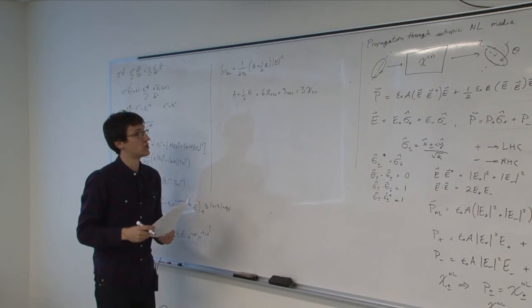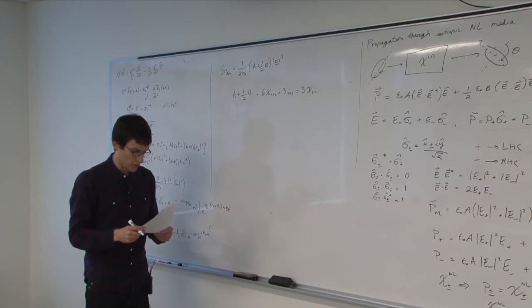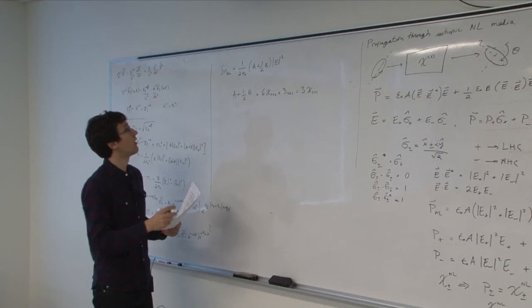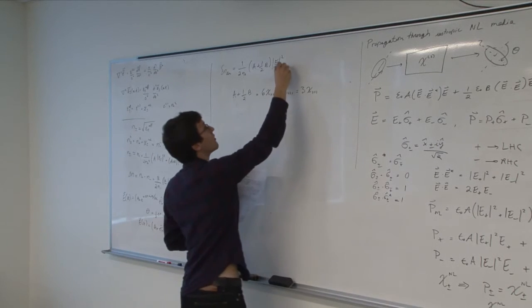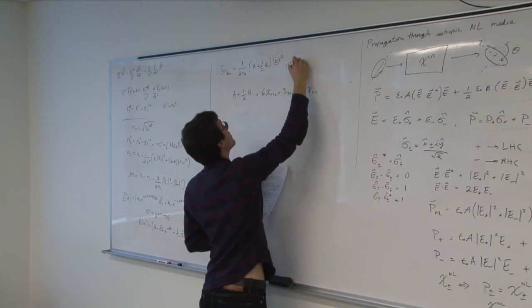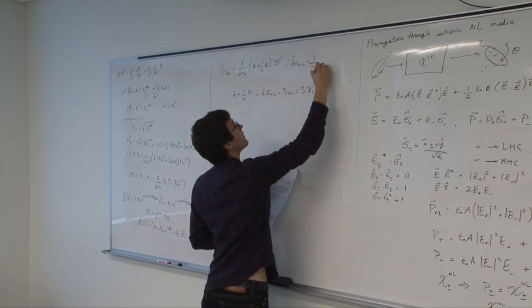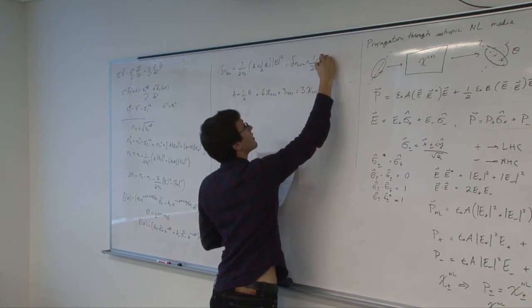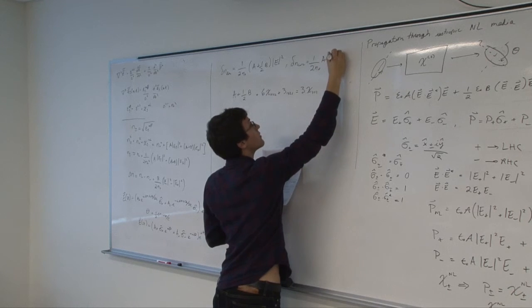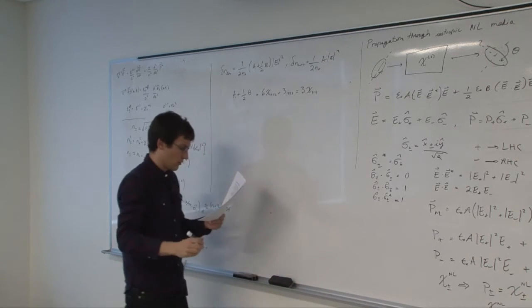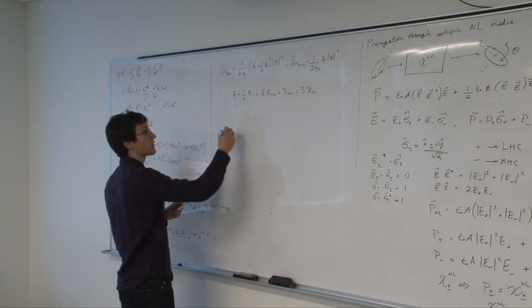And this kind of relation, just to make it short, I would write it down. Dn circular is given by 2 n naught, and this is just A e square.